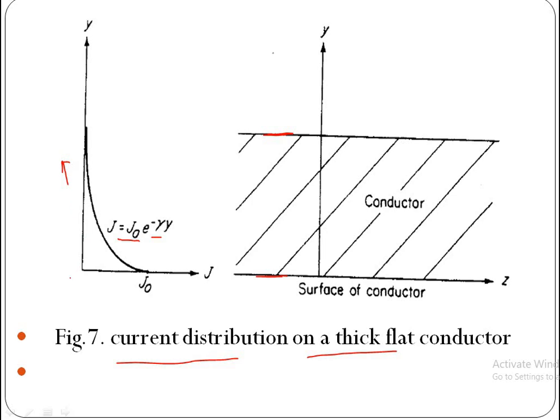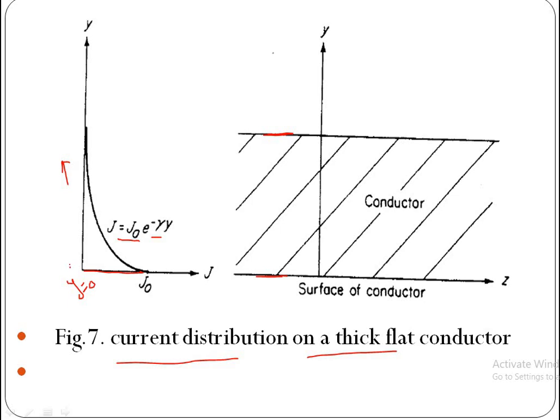At y is equal to 0, that means on the surface of the conductor, the current density is maximum, which is J naught.